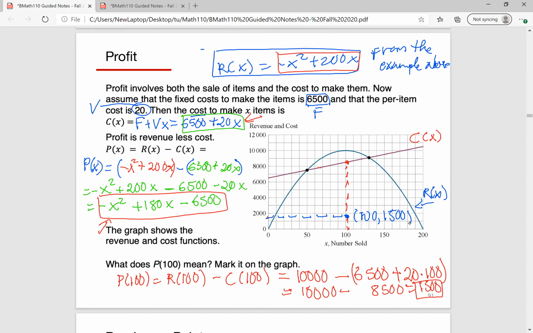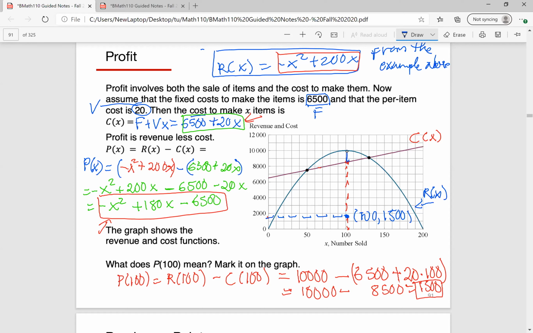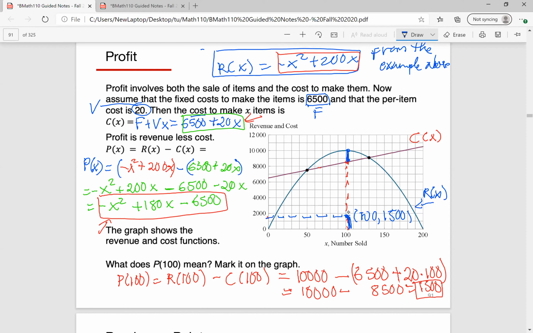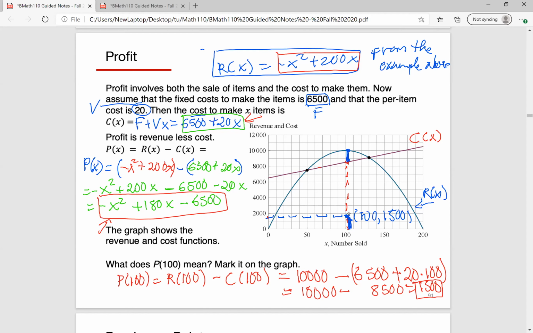So what does profit at 100 mean? It actually means the difference between the revenue and cost. So you actually try to find the distance between the revenue and cost in here, and you should know that that is exactly the distance from 0 to 1,500. So then we can know that the profit right now is 1,500.